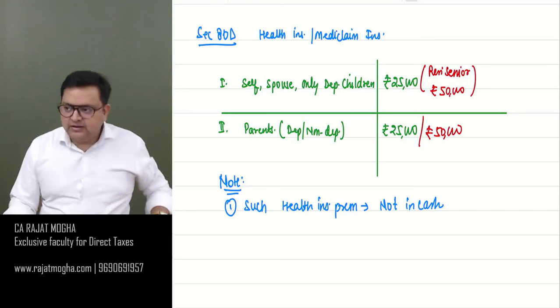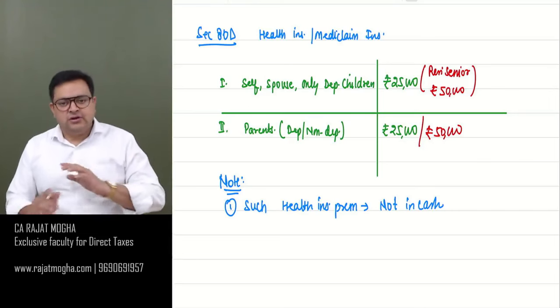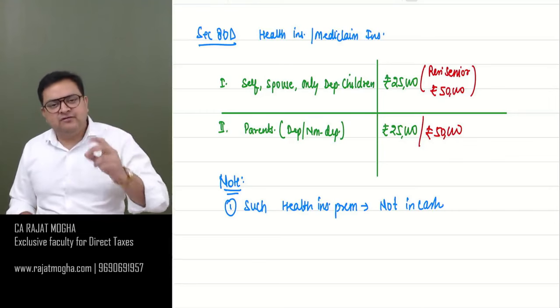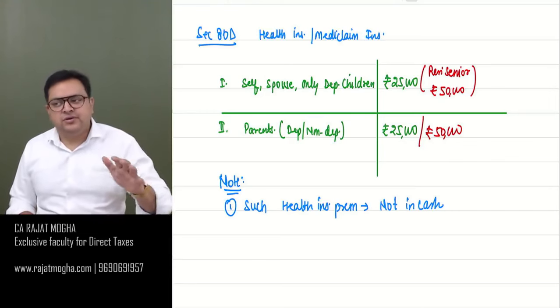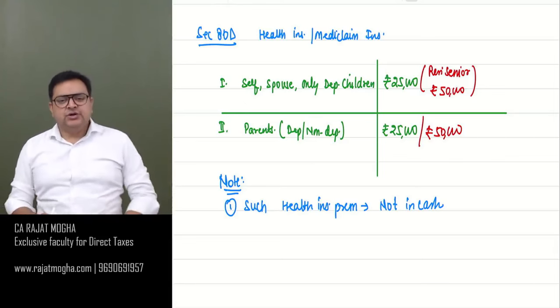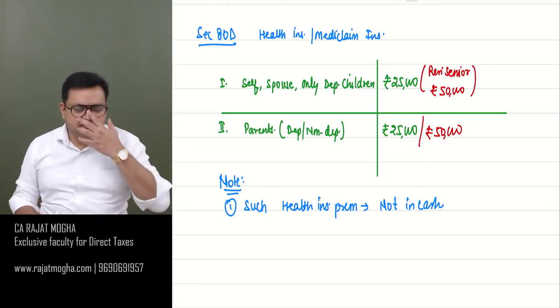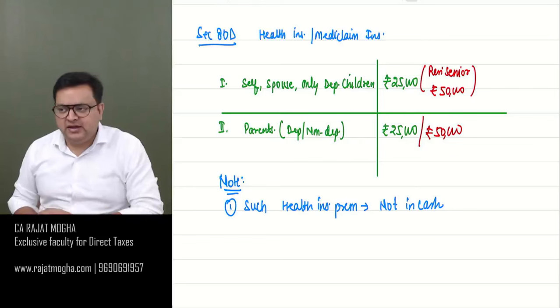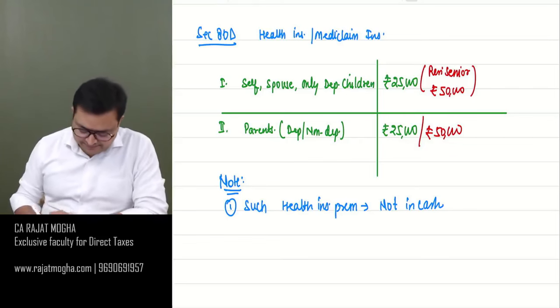If you want to pay it, please pay it through banking mode, not in cash. Not even 10,000, not even 5, 6, 7, 8,000. Everything should be paid through banking mode only. So if your question says that this health insurance is paid in cash, please don't allow it. 80D will not be applicable.